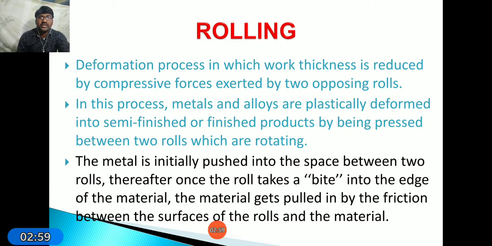This friction helps the material pass in between the two rollers, and the material flows into the rollers. The material gets pulled in by the friction between the surface of the rolls and the material, so the metal flows into the rolling mill.